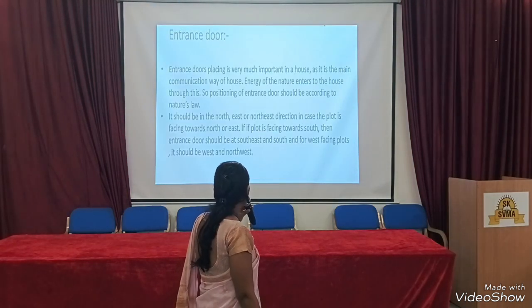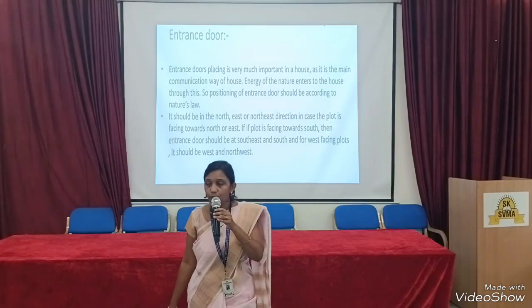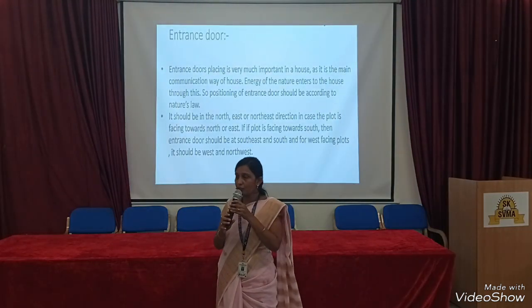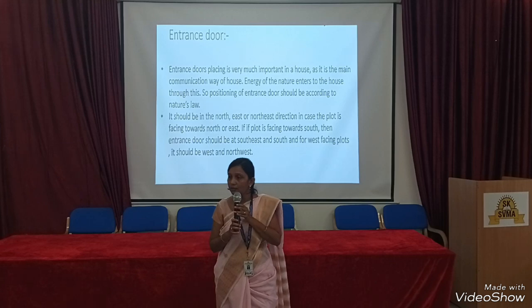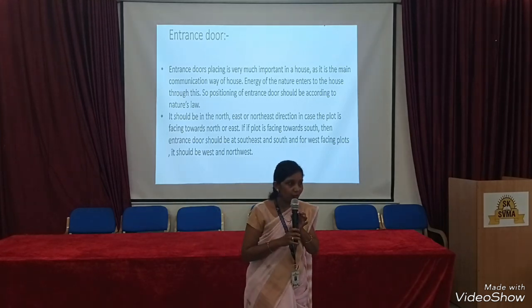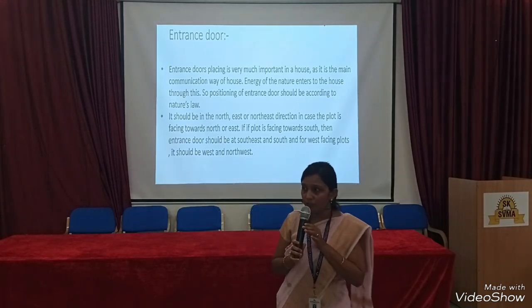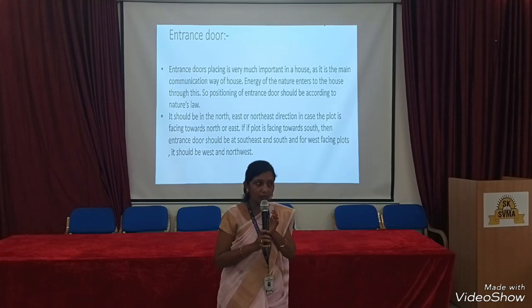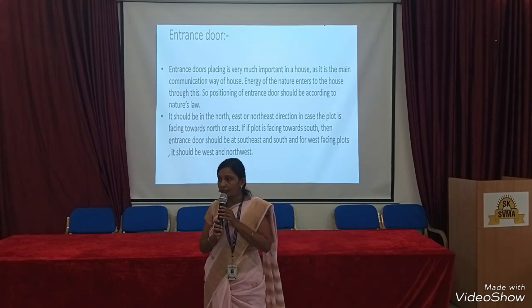And next one, entrance door. I already told briefly about the entrance door. Which direction is preferable for the entrance door? First one, east. If it is not possible, north direction.